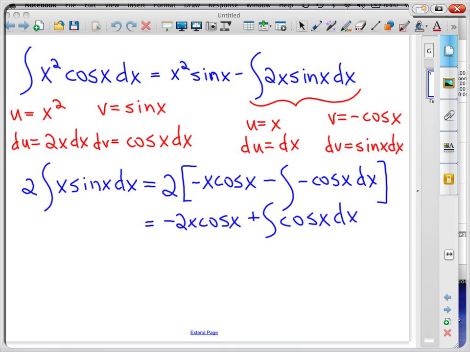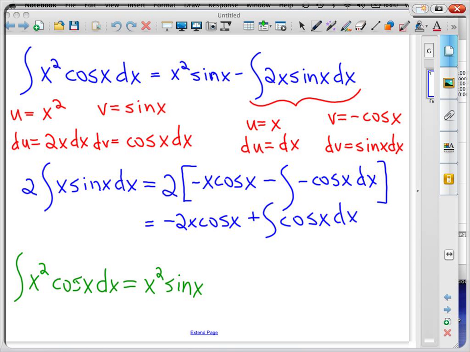So at the bottom, we can now say that the integral of x squared cosine of x dx is equal to x squared sine of x. Now, because I'm going to be subtracting, I'm going to need to be a little careful here with my signs.